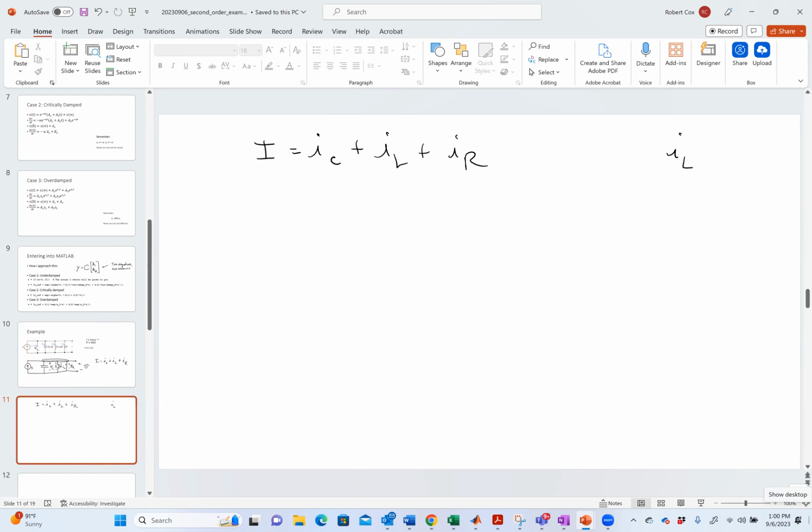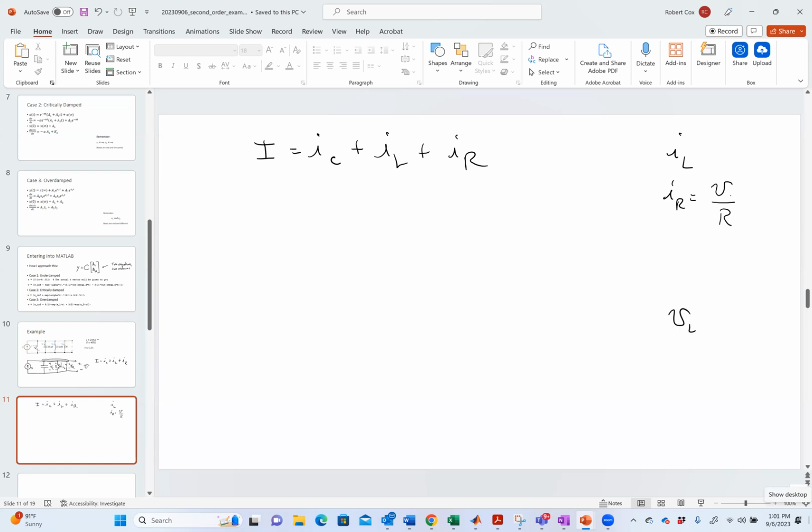I have to get the differential equation in terms of IL. So what are my tools here? I sub R is equal to the voltage divided by R. How does that help me? Let's remember the other tools.